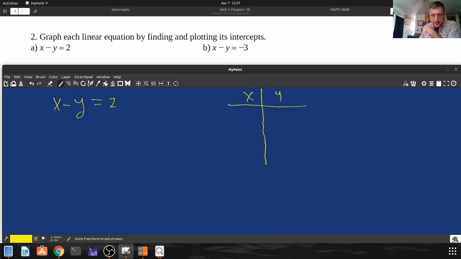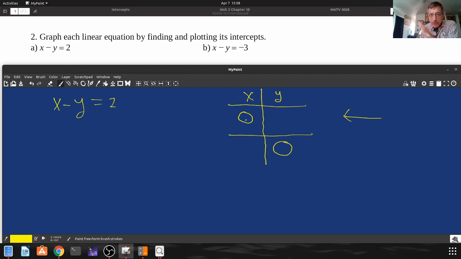So we make a table of values and we do our kitty corner zeros. So this will give us 2 different points if and only if the line doesn't go through the origin. So this first point here, when I find the value y here, this point that I find in my first row is going to be my, think about it, what is it going to be, my x-intercept or my y-intercept? Think about it.